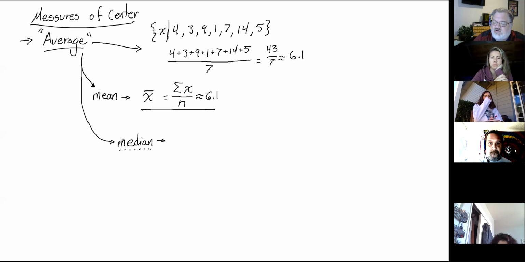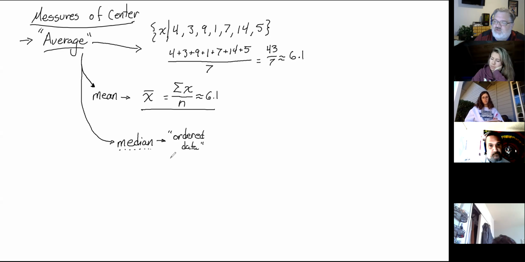And the way we find the median is, first and foremost, we have to put our data in order. So median requires ordered data. So this 4, 3, 9, 1, 7, 14, 5 is fine for adding them up and finding the mean, but to find a median, we really want to have this data in order.